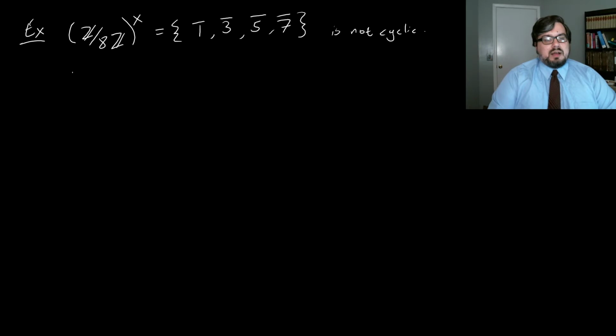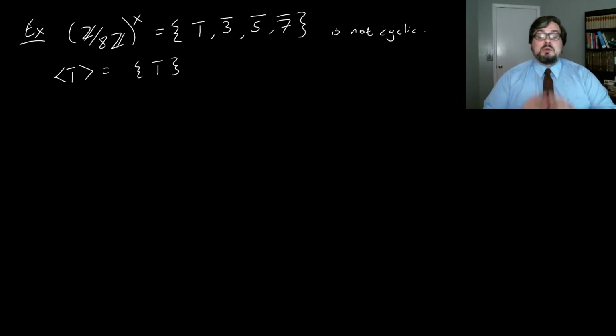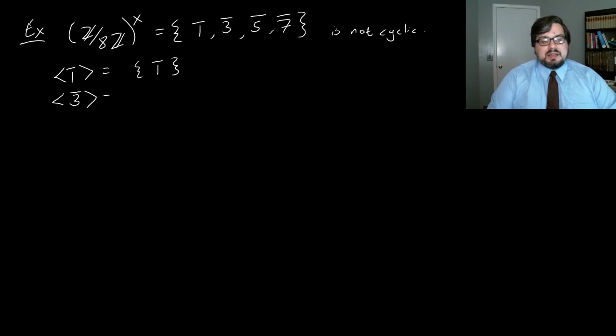And let's see why. What we can do is just look at the cyclic subgroups generated by each one of the elements. Now remember, we're working multiplicatively here, so the cyclic subgroup generated by 1 is just 1. That's what we get by taking 1 and multiplying it by itself over and over again, and of course that just gives us 1 back. Let's look at the cyclic subgroup generated by 3.